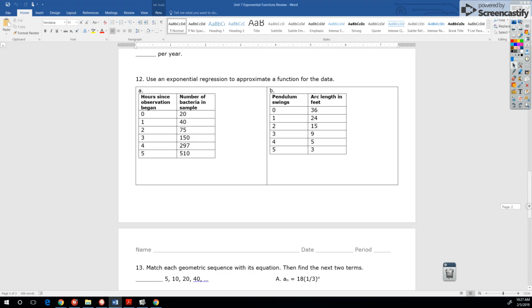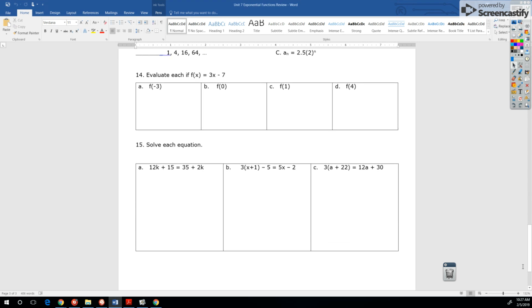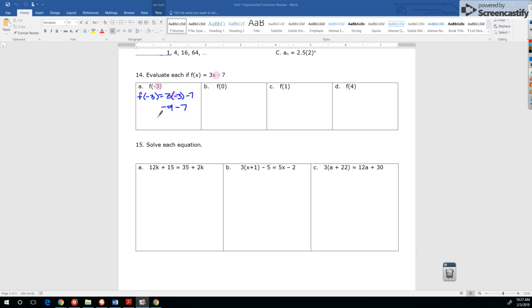Okay, these last two sections are review: function notation and solving equations. So when I see function notation, I have f of x equals 3x minus 7, and I'm asked to find f of negative 3. All that means is that I am substituting in a negative 3 every time I see an x. And then just simplifying. So 3 times negative 3 is negative 9, and negative 9 minus 7 is negative 16.